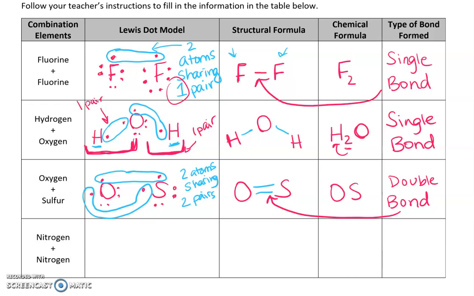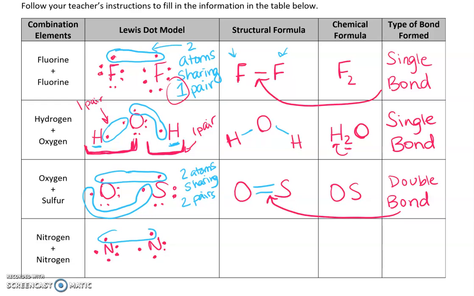Okay. Now, our next example, we have nitrogen. Nitrogen is part of group 5. So it has 5 valence electrons. Now you'll notice that there are 3 unpaired valence electrons.